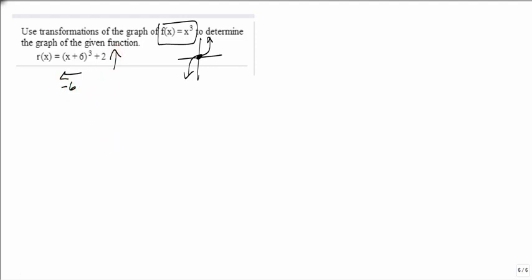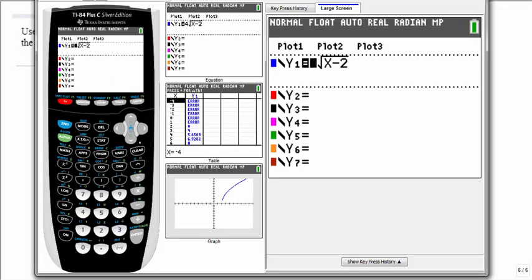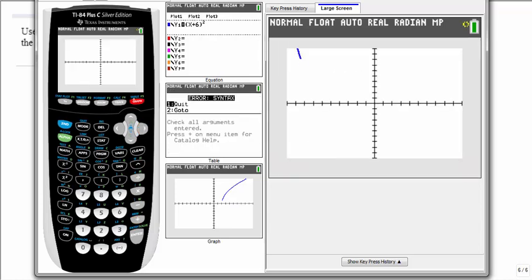Now let's go ahead and graph this one with our calculators to see what we get. So we go y equal, and over here in parentheses, let's clear this out. We have x plus 6 quantity squared. And then we have plus 2. Okay, graph. Now sometimes we'll have to adjust these around.